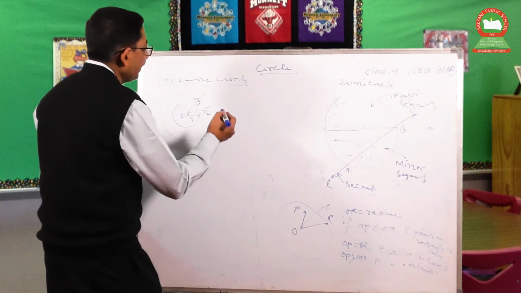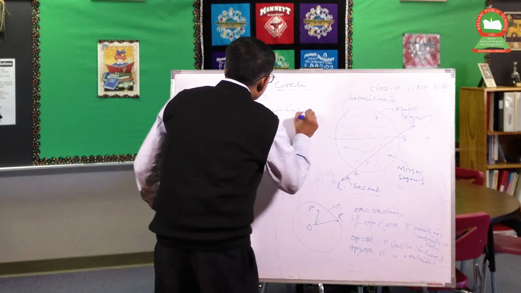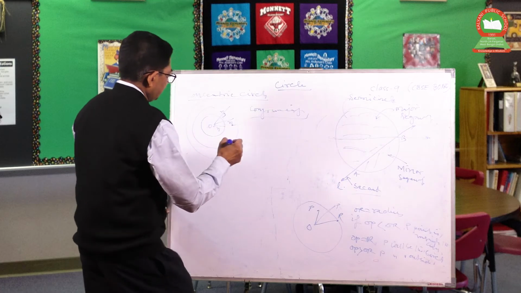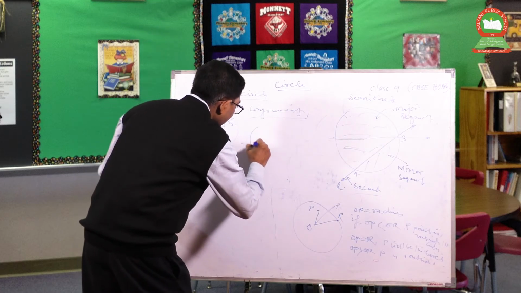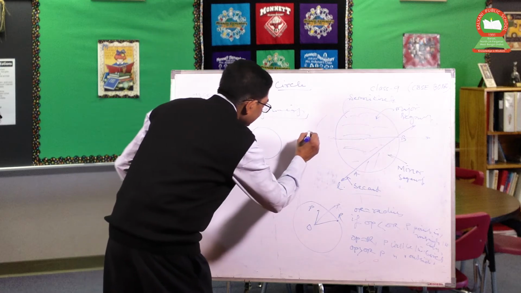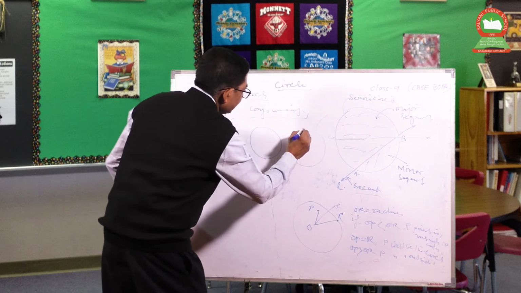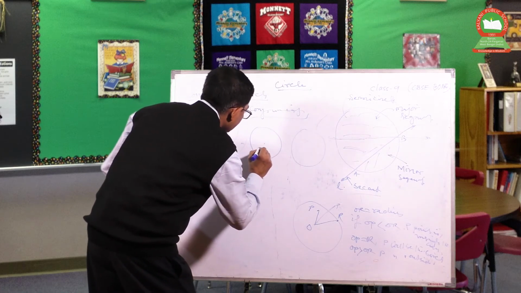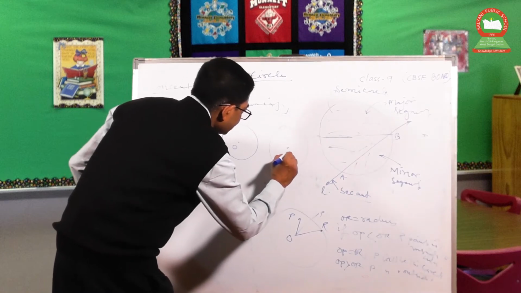Now next is the congruency of circles. Suppose this is a circle with center O and this is another circle with center O dash.